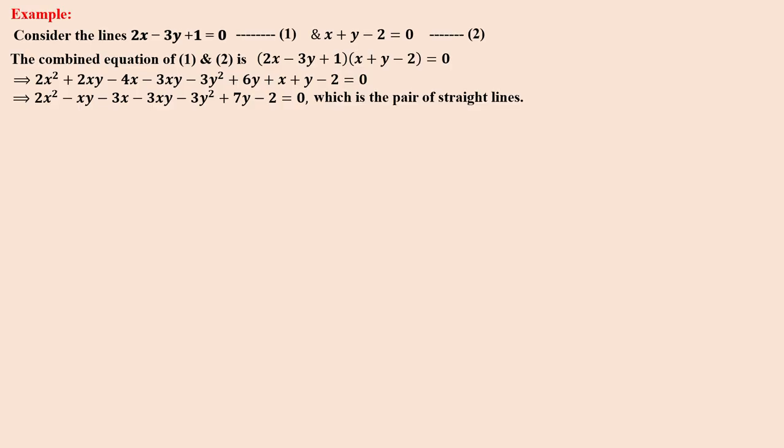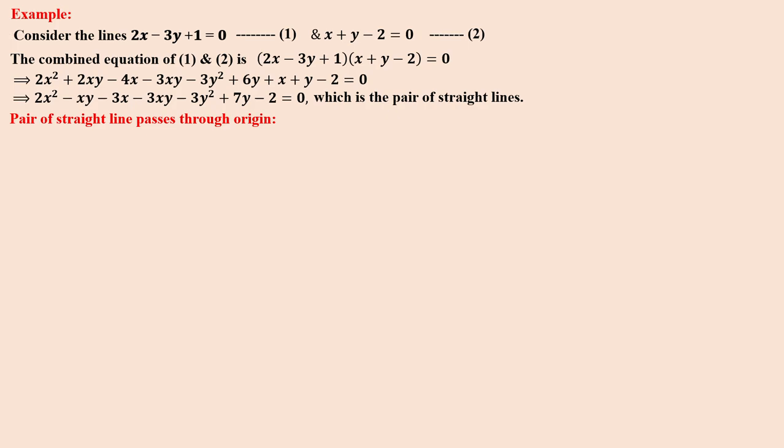So 2x square minus xy minus 3x minus 3y square plus 7y minus 2 equal to 0, right? So you will get the xy term as minus xy only, right? There is no minus 3xy, that is wrong.